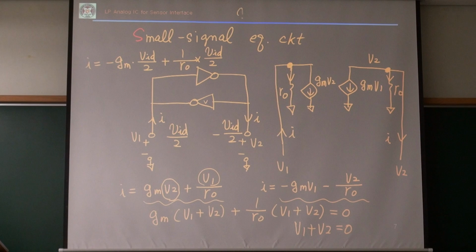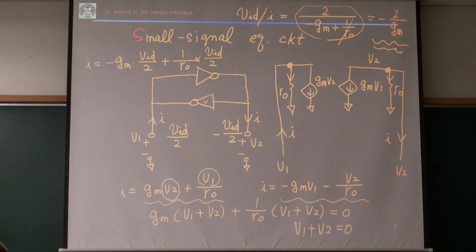So VID over I, that's my impedance, equals 2 over minus gm plus 1 over RO. So my impedance looking between those two nodes is this one. If I neglect the RO term, it is just minus 2 over gm. The impedance looking across the cross-coupled inverter is minus 2 over gm.